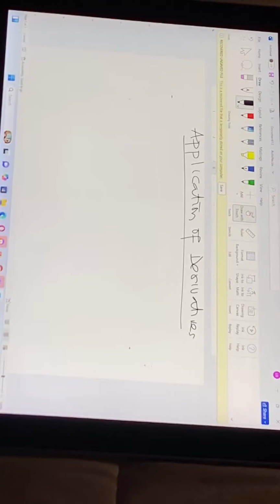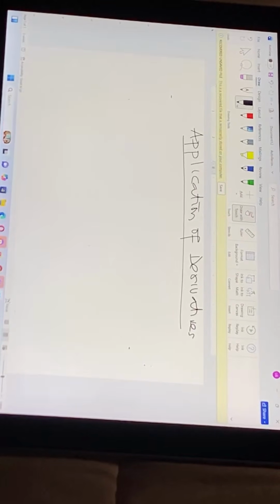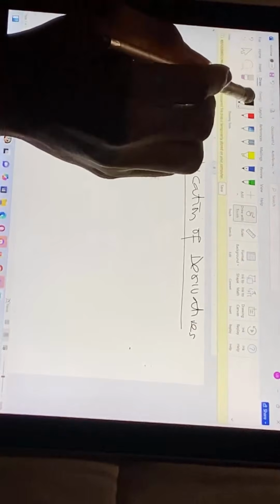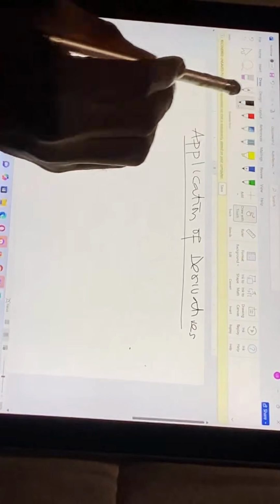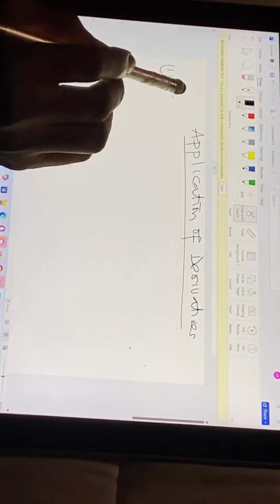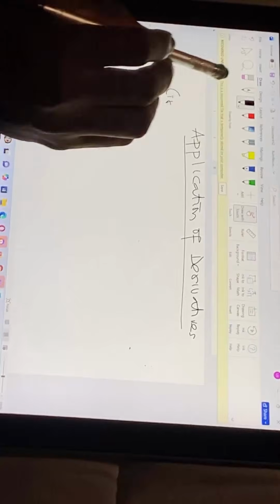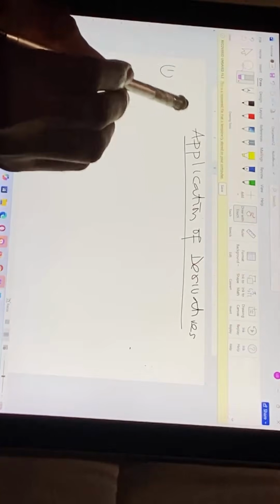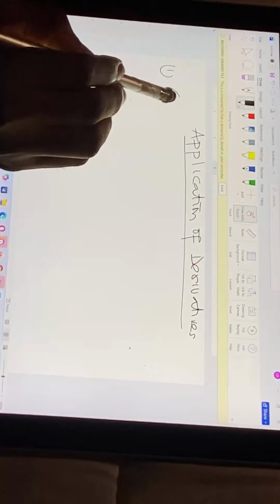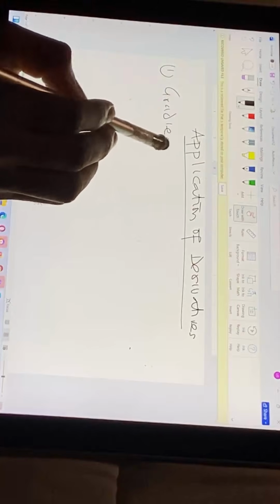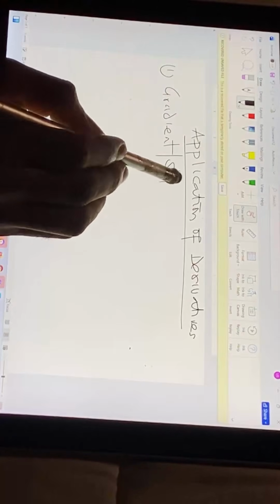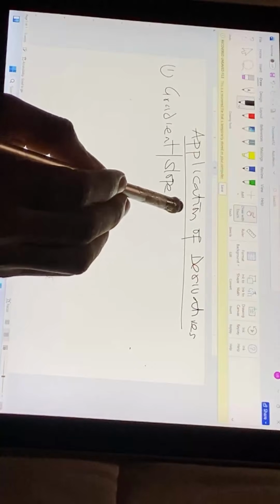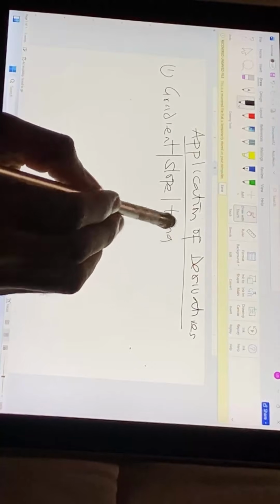Differentiation can be applied in so many areas. Now, the first area we can apply differentiation is gradient or slope, or you can also call it tangent.